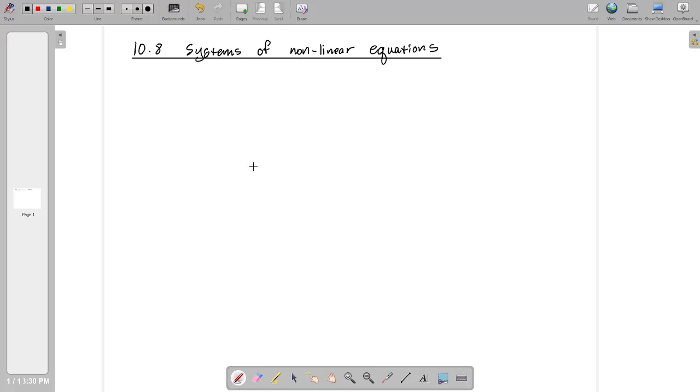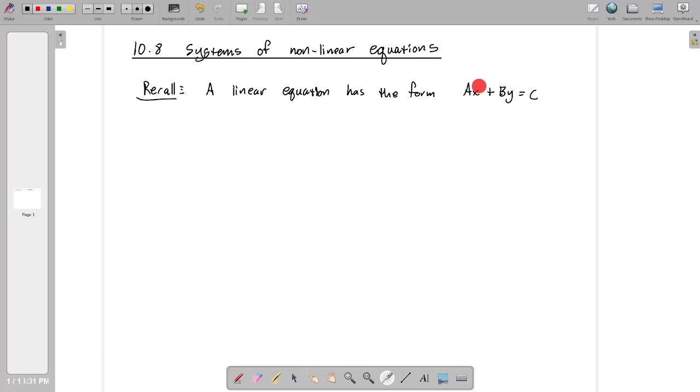So this section is actually going to be much like the previous sections, except instead of using a system of linear equations, we're now using nonlinear equations. Let's recall really quickly. A linear equation has the form ax plus by equals c. So in this section, we're going to be looking at equations that don't look like this necessarily.